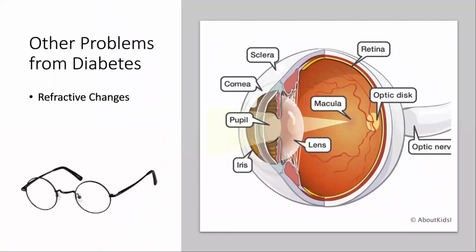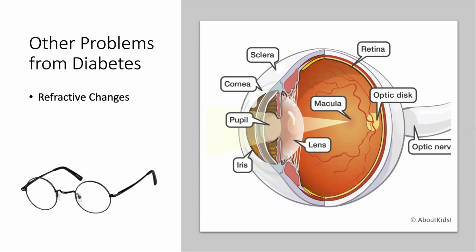And then another one, usually it's uncontrolled diabetes, where the blood sugar is really spiking up, it can actually change glasses prescriptions. I had a patient not too long ago who was on some oral steroid for, I forget exactly what, for an infection or something.